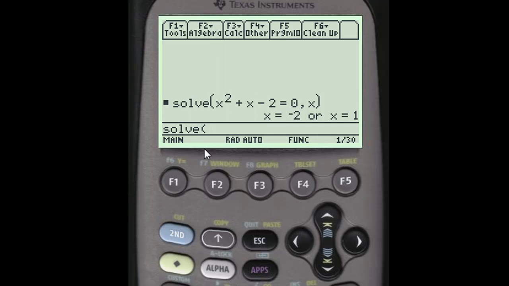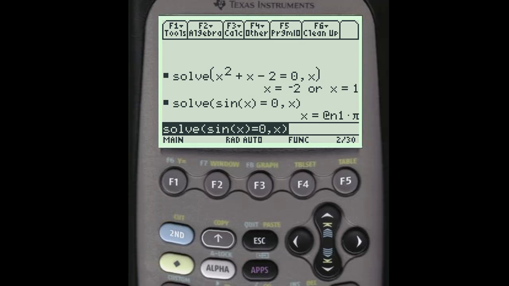So again, F2 solve. The first thing we want to put in is our equation, which, let's do something easy, and we'll do sine x equals 0. Okay, we've entered our equation, so comma, the variable we're solving for is x, and we'll close parenthesis.